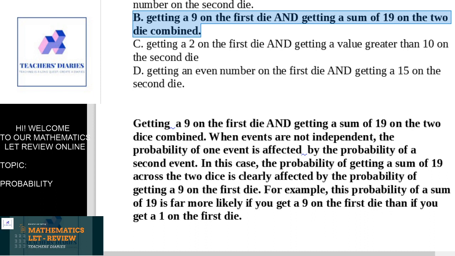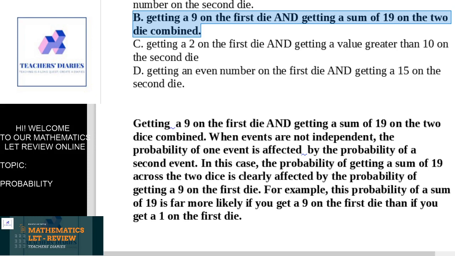getting a sum of 19 on the two dice combined are not independent events. When events are not independent, the probability of one event is affected by the probability of the second event. In this case, the probability of getting a sum of 19 across the two dice is clearly affected by the probability of getting a 9 on the first die.